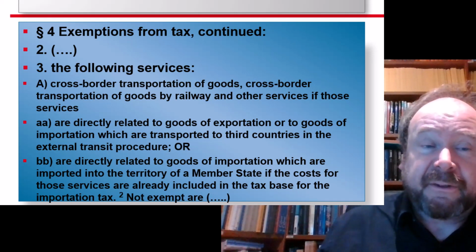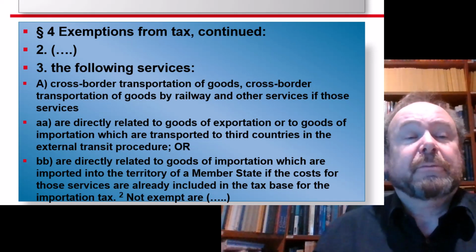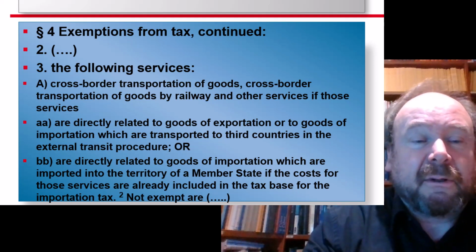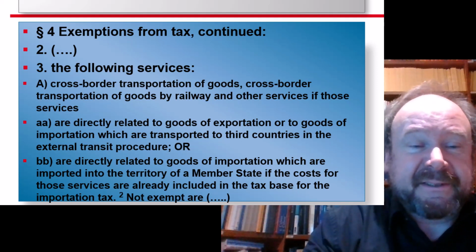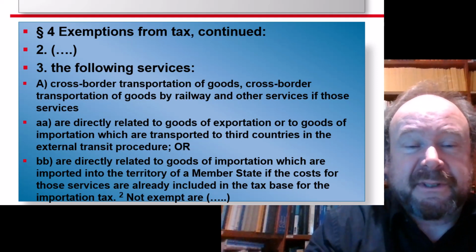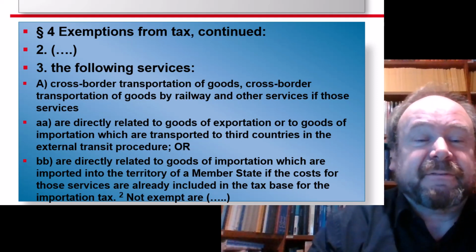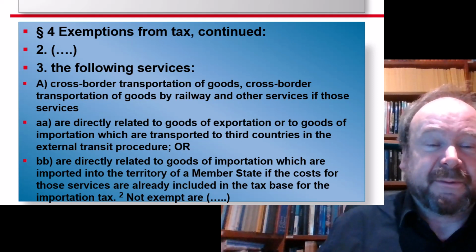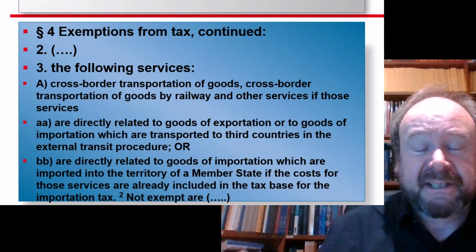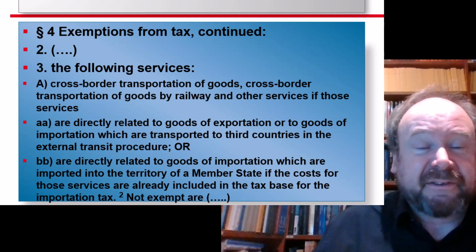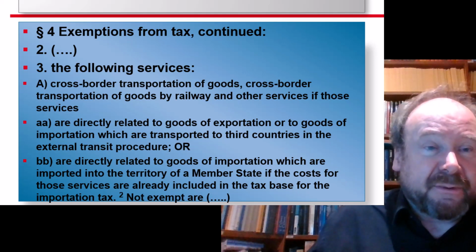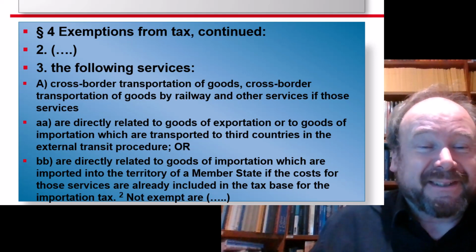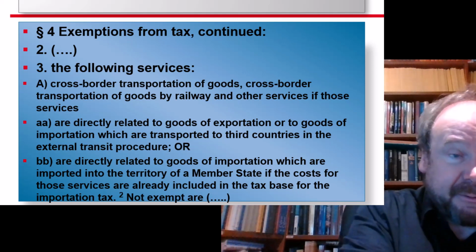So, having heard all this, we can probably, and I hope, indeed now understand what 4 number 3 tells us. The following services are exempt from tax: cross-border transportation of goods, cross-border transportation of goods by railway, and other services if those services are directly related to goods of exportation or to goods of importation which are transported to third countries in the external transit procedure, goods which are imported and then pass through the territory of the whole EU and leave it again.